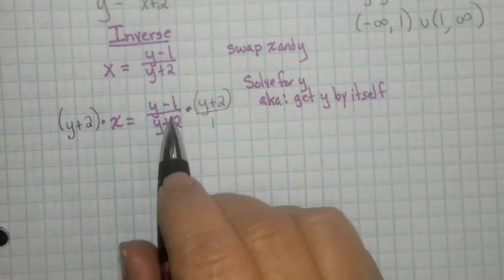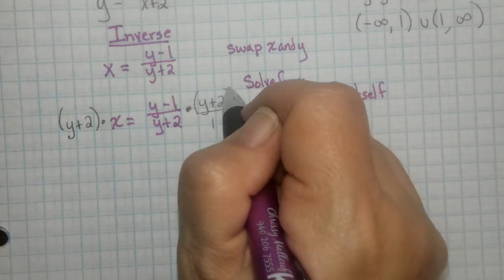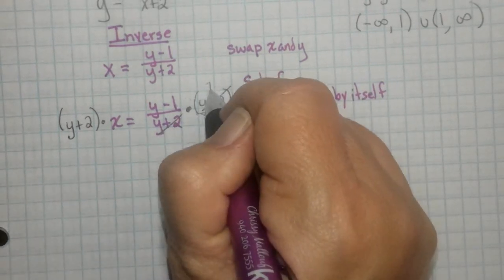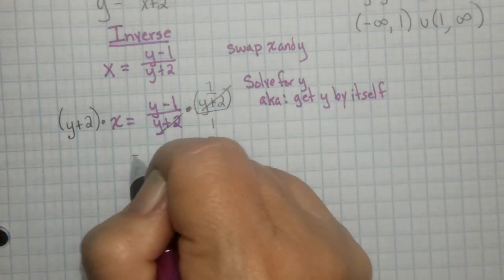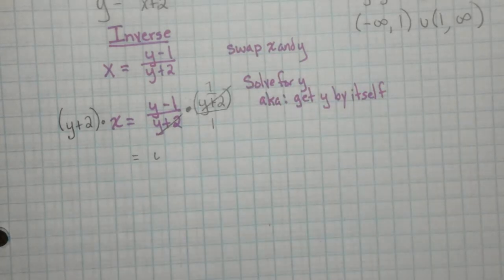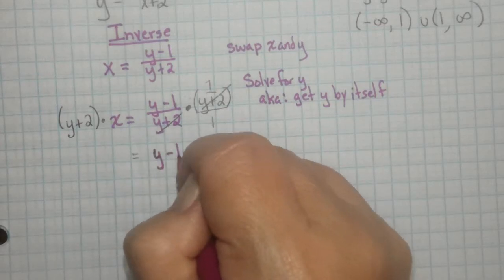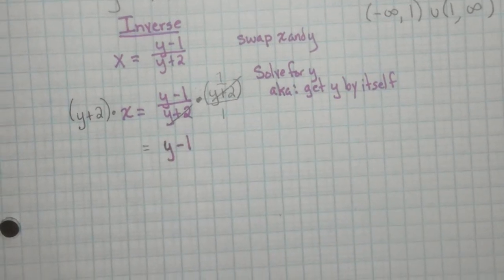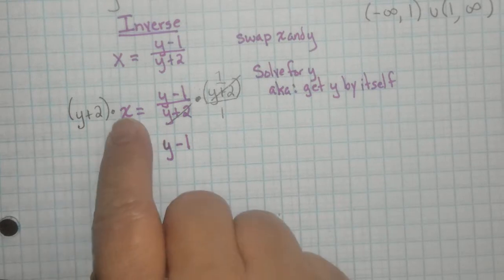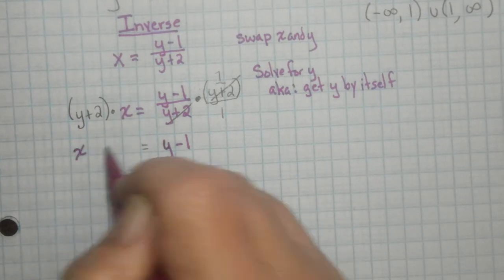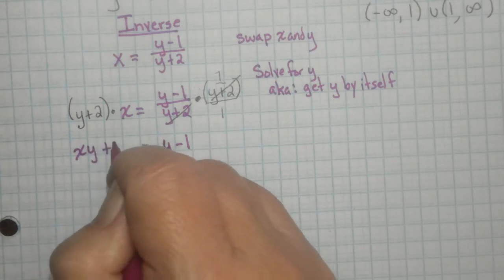Because this way, when I multiply these fractions, this numerator and this denominator will divide into each other and give me 1. And now I will just have y minus 1. And then on this other side, I will distribute, and I will get xy plus 2x.